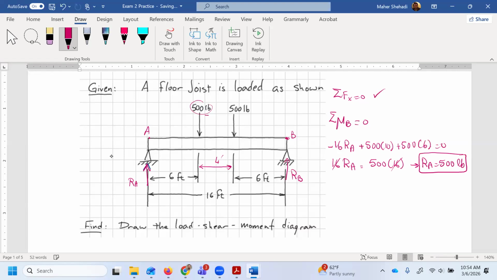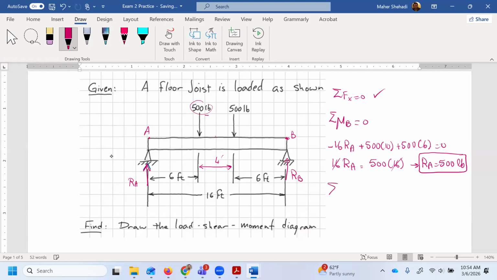As I've mentioned, since these two forces are equidistant, the supports will be equal and they would split whatever load you have. It's because it's 500, 500, that means it's symmetrical. It's very similar to having 1,000 acting in the midpoint right here, so it would split between the two.